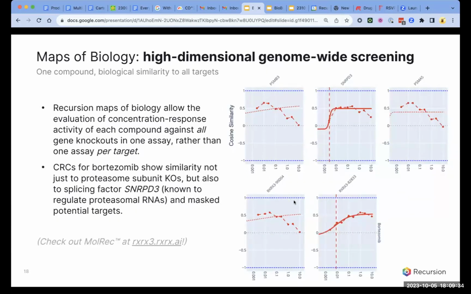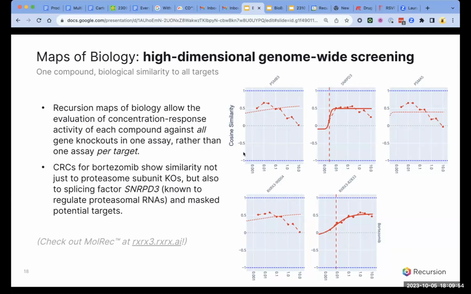The final thing, which I think is probably the coolest thing from my perspective, is that this screening means that we don't get the similarity of a compound to just one target, we get the similarity of that compound to all targets. And that means we can do really interesting things and ask really interesting questions about polypharmacology and toxicity.